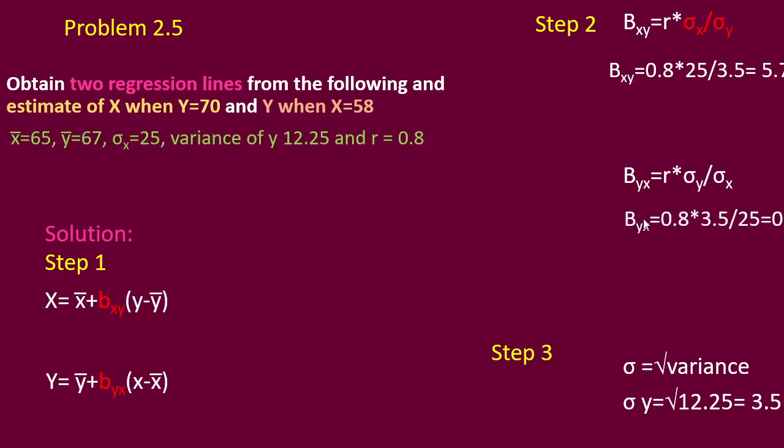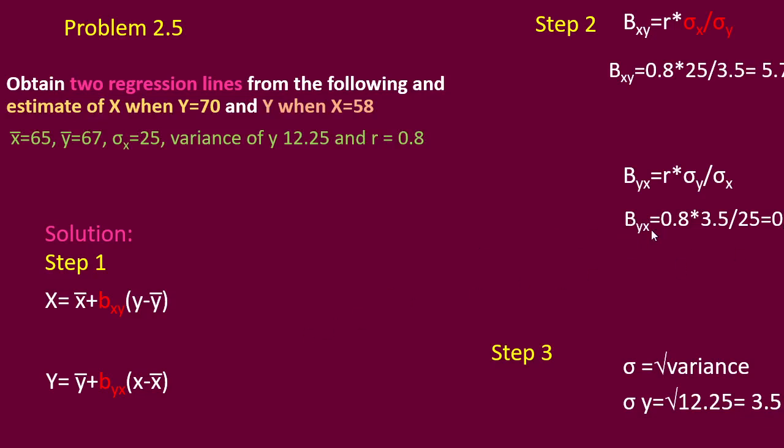And for byx, again I'll apply the values. r is 0.8, standard deviation of y we have calculated as 3.5, divided by standard deviation of x, which is 25, given in the problem. So the byx value is 0.112.